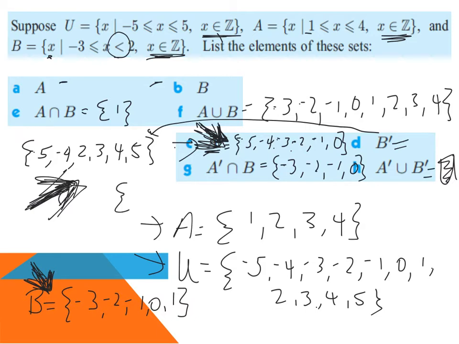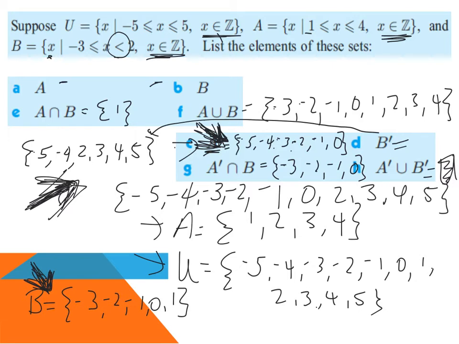So we have -5, -4, -3, -2, -1 and 0. We don't have a 1. There's no 1 in either of those sets, but we do have 2, 3, 4, and 5. So that would be the union of the complement of A and the complement of B.